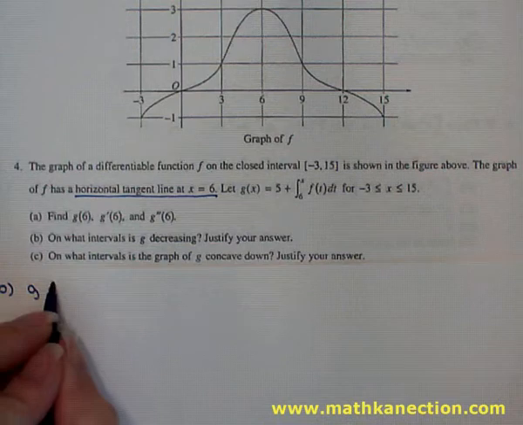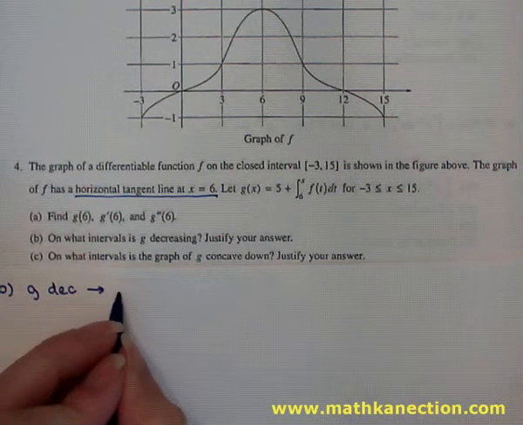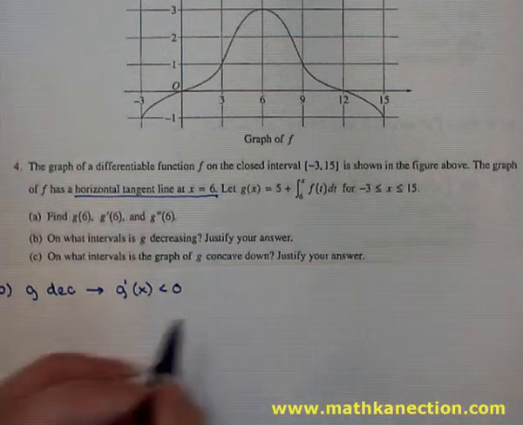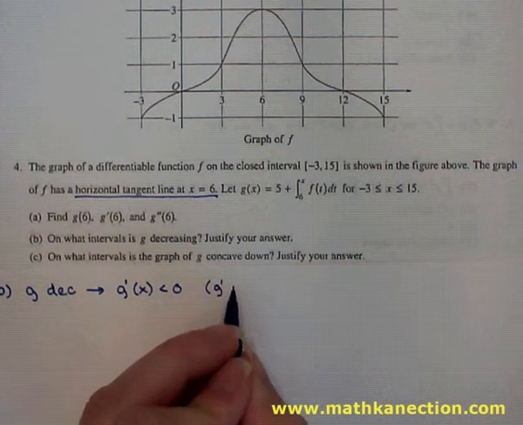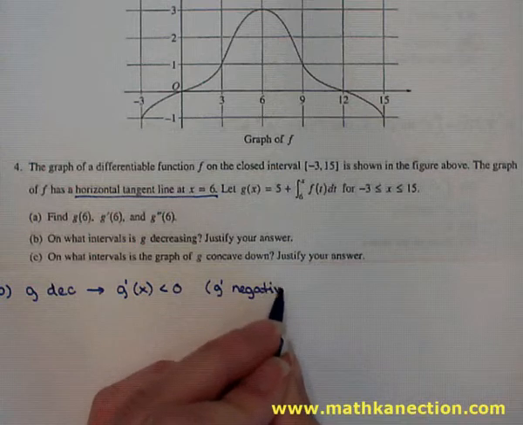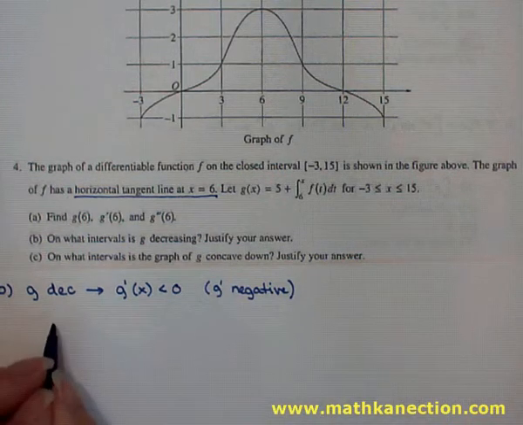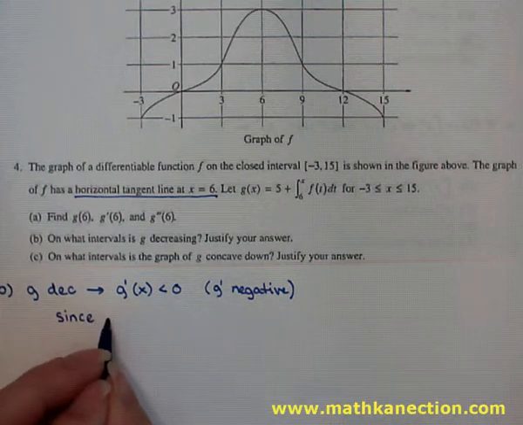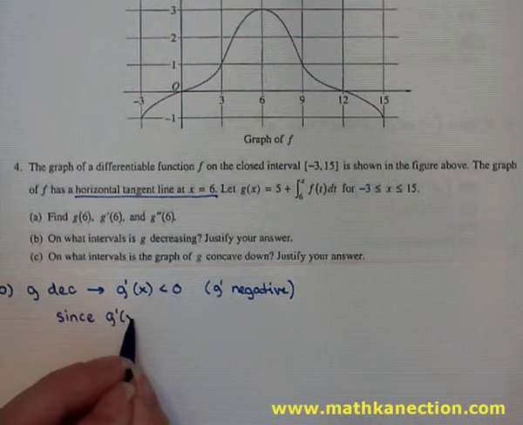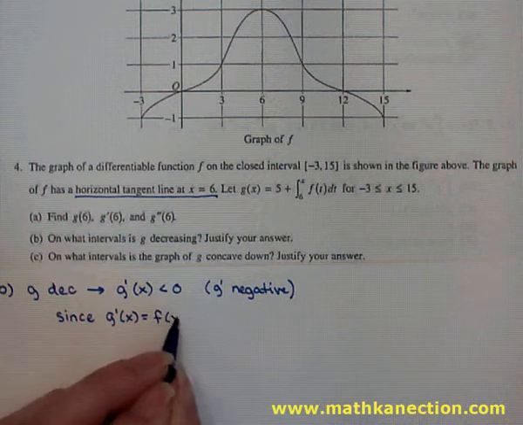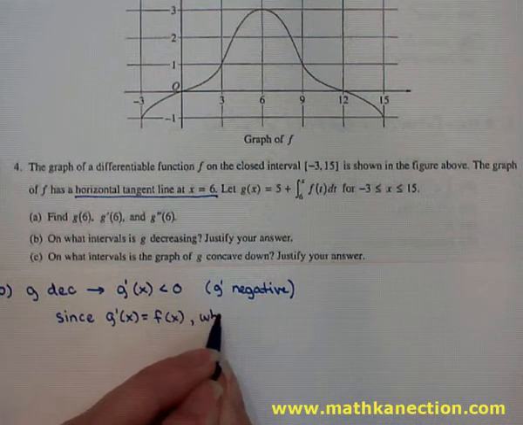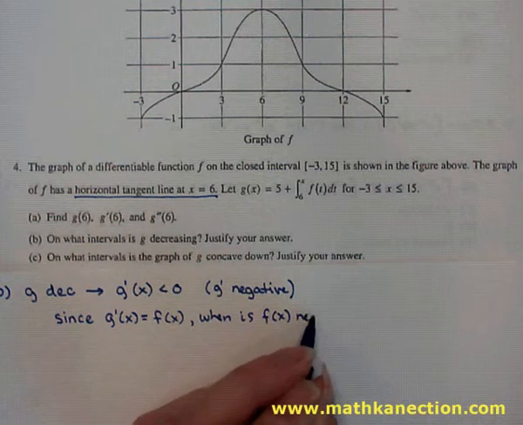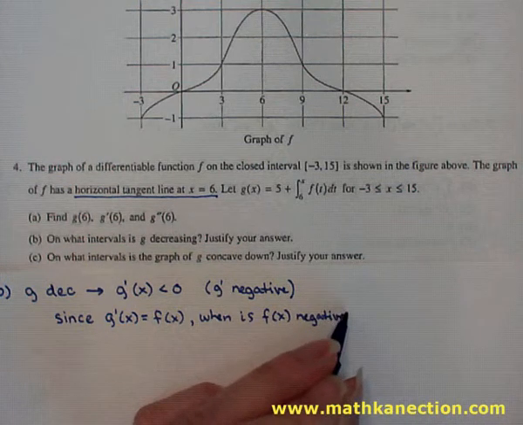Part B, we need to know on what intervals g is decreasing. When g is decreasing, that means g prime of x is less than 0, or g prime of x is negative. Since we know from the previous part that g prime of x is equal to f of x, the question is just asking when is f of x negative, or when is f of x less than 0.